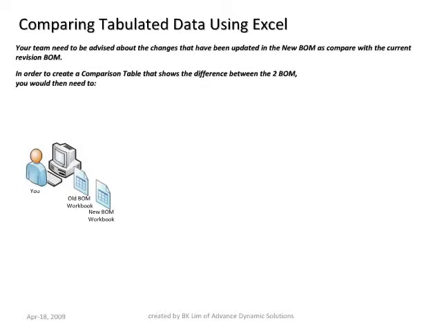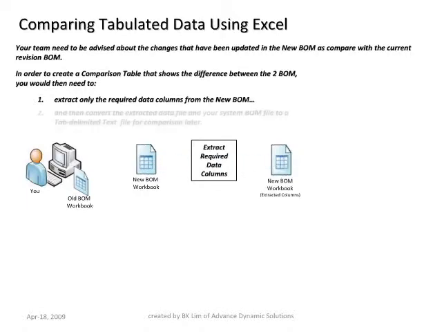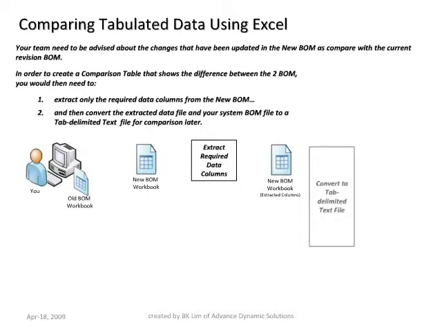Your team needs to be advised about the changes that have been updated in the new BOM, as compared with the current revision BOM. In order to create a comparison table that shows the difference between the two BOMs, you would need to extract only the required data columns from the new BOM. And then, convert the extracted data file and your system BOM file to a tab delimited text file for comparison later.